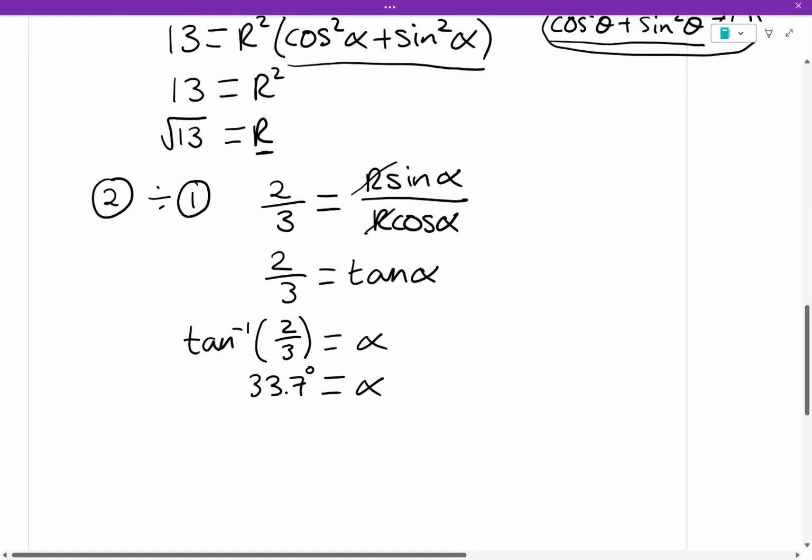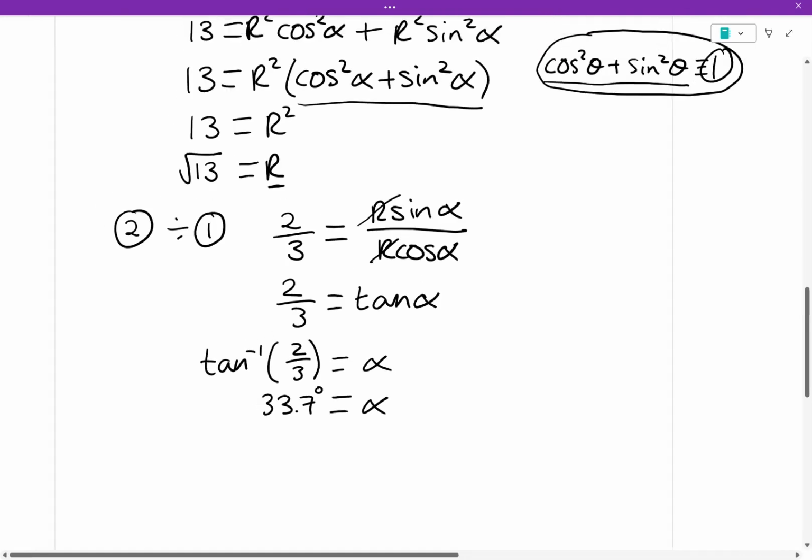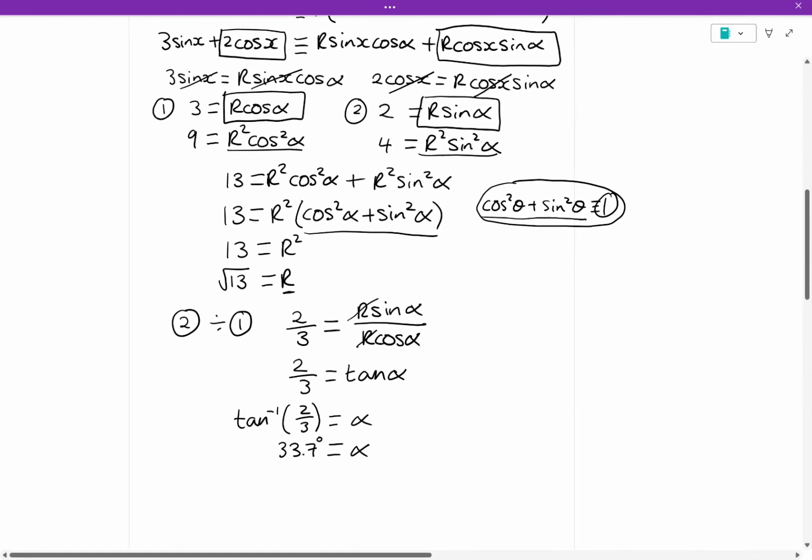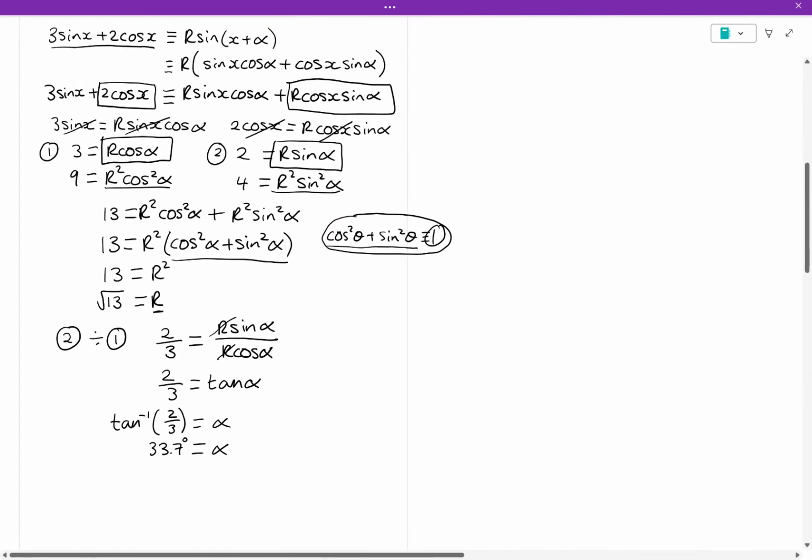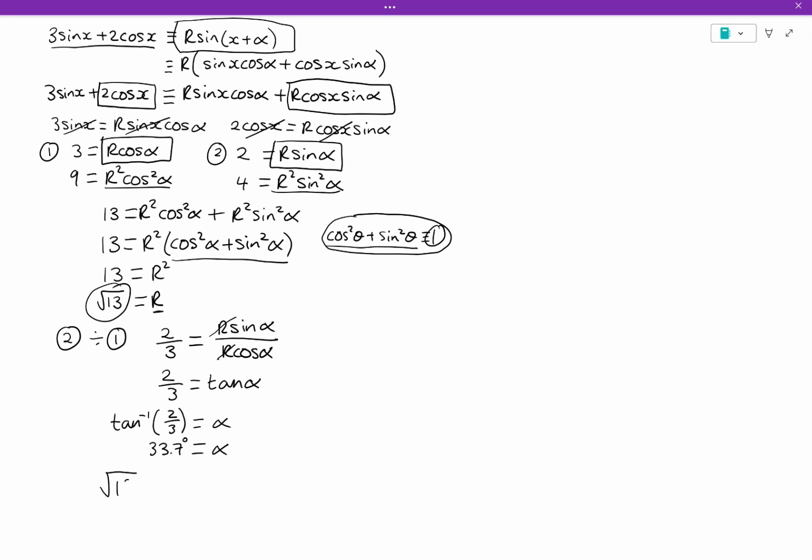So we've now managed to find our angle, so I can now substitute all the information I found into my r sine format, which is written at the top here. That 3 sine x plus 2 cos x is equal to r, which is root 13, and then sine bracket x plus our angle for alpha, which is 33.7 degrees, like that.